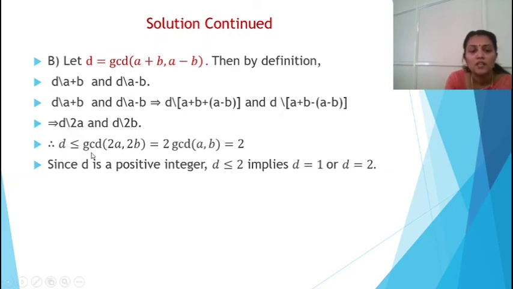Therefore d is less than or equal to GCD of 2a and 2b, which is equal to 2 into GCD of a and b, which is equal to 2. Since d is a positive integer, d less than or equal to 2 implies d equal to 1 or d equal to 2. Okay, only this much portion is today.